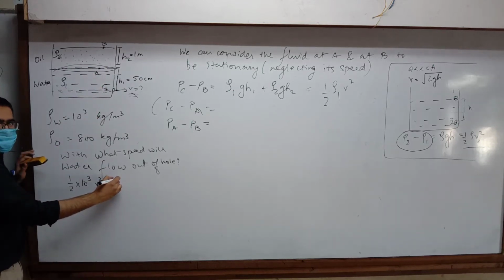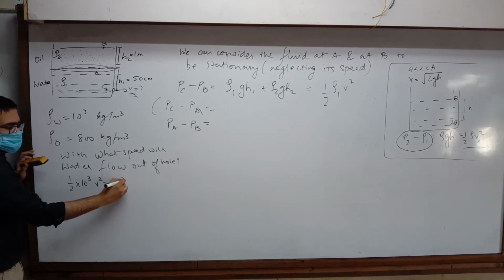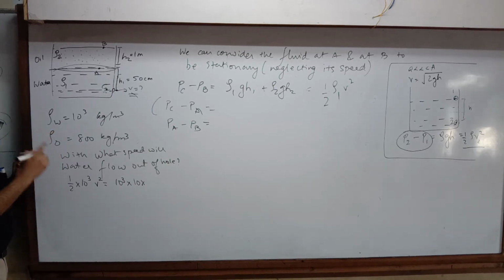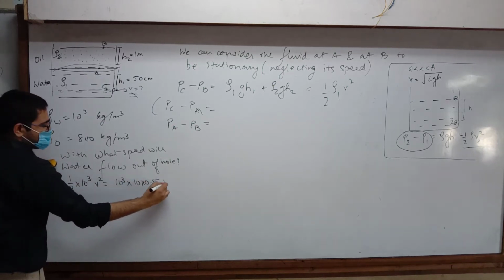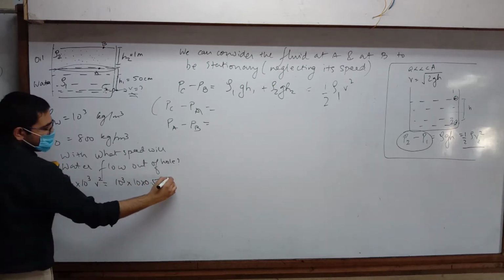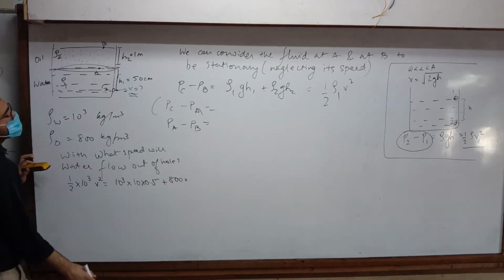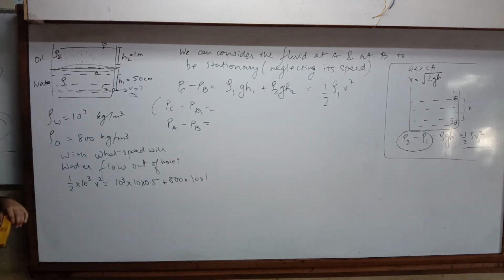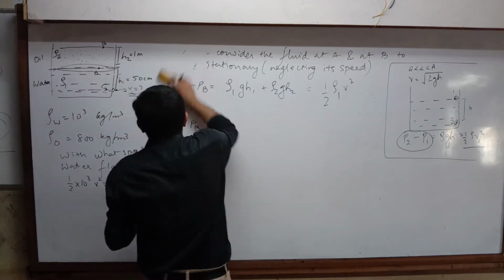Rho of water into g, how much is g? 10, into 0.1, plus 800 into 10 into 1. Find out what will be the speed. Meanwhile, I will write a homework question for you.